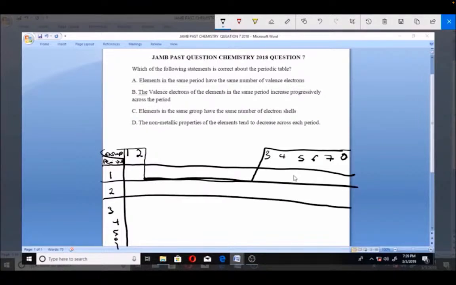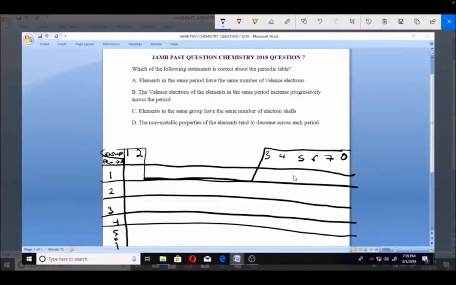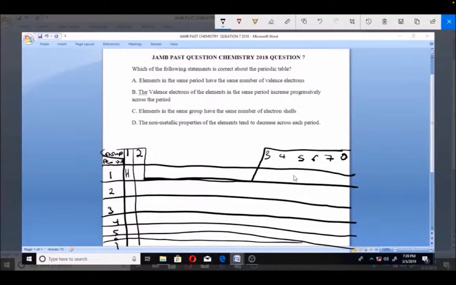Now in this periodic table, we have the arrangement of elements according to their atomic numbers. So here we have hydrogen. This is how the periodic table looks. This is a rough sketch of what the periodic table is.